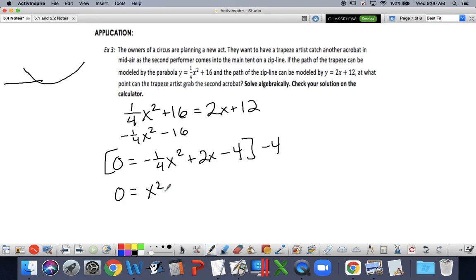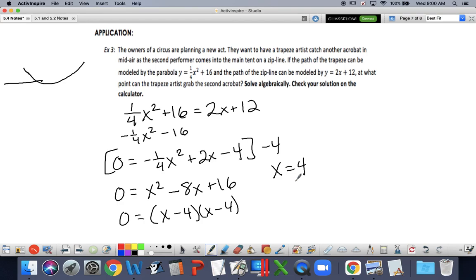So I get x squared minus 8x plus 16. Now I'm going to see if this factors, right? It would be great if it factored, and lo and behold, it does. x minus 4 times x minus 4. So that tells me at x equals 4 is the point that we should let go of the zip line.